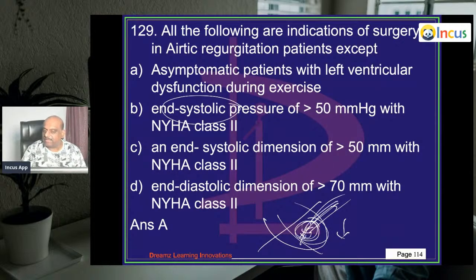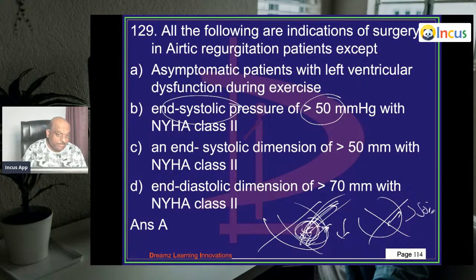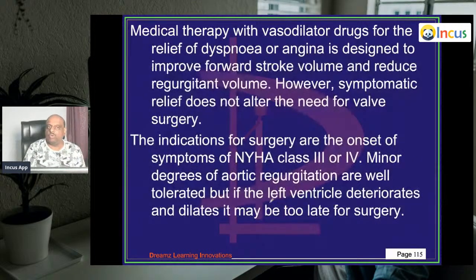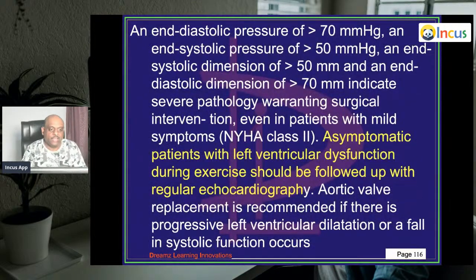But if significant regurgitation is there, it remains high, more than 50. Or at the end of the systole, because of the regurgitation, the ventricle size did not come down and it is more than 50 mm. Or at the end of the diastole, more than 70 mm. They are all the indications for surgery in case of aortic regurgitation, is what you have to remember.